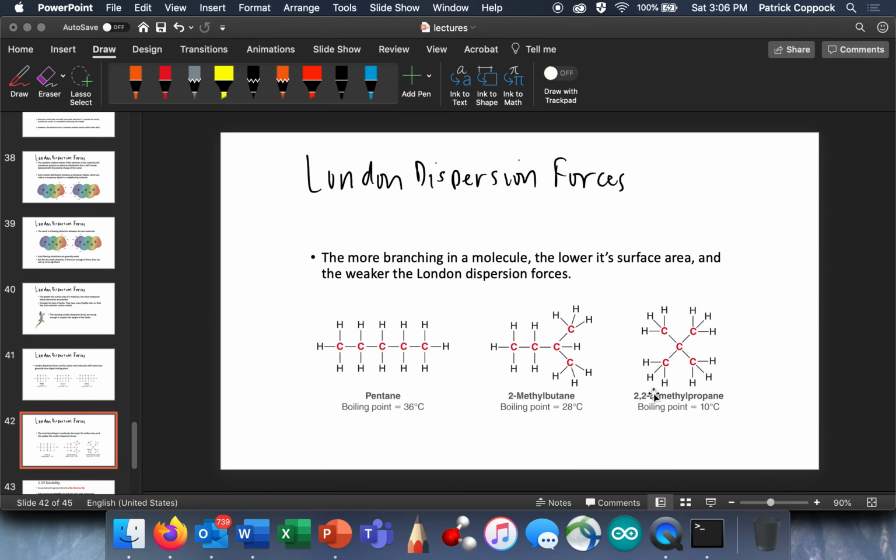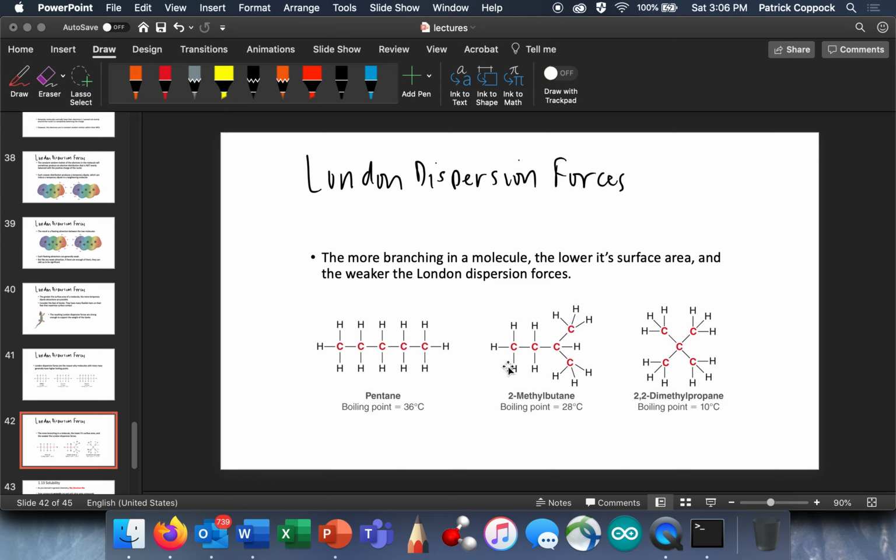Okay? Now, interestingly, if we take these 3 molecules that all have the same molecular formula, C5H12, all 3 have the same thing, but this one's got more surface area. Can't really tell that by looking at it because we've got it in what size font and all that, right? So we spread it out on the paper.